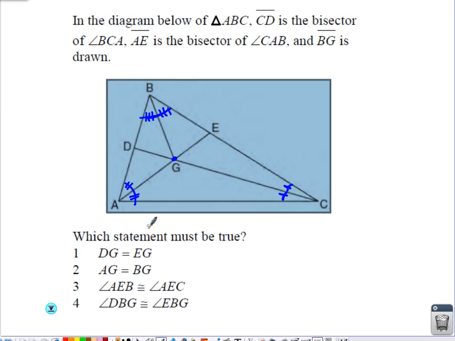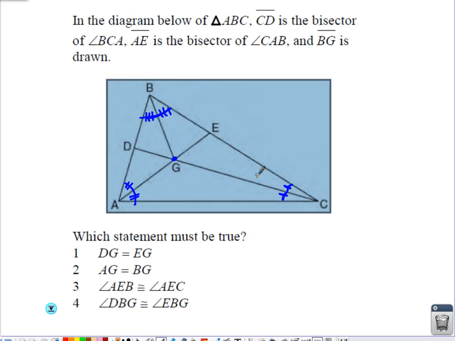Is AG and BG the same length? Maybe. AEB is congruent to AEC. Here's what we've got to be careful of here, because I think their logic is off.